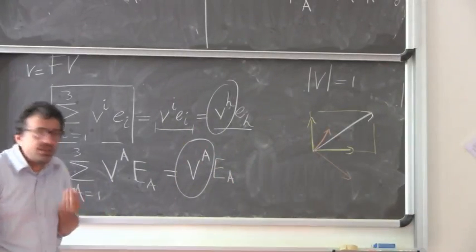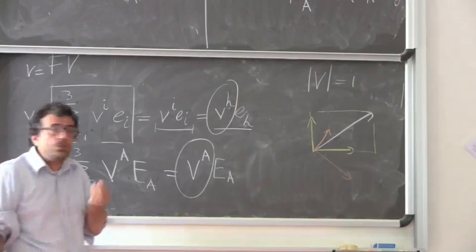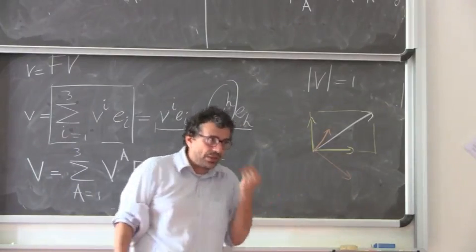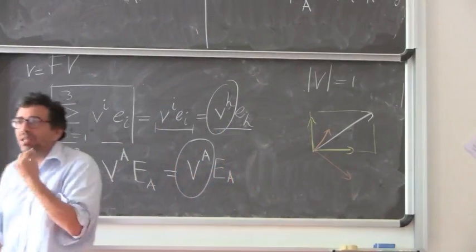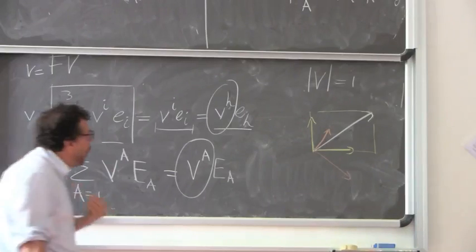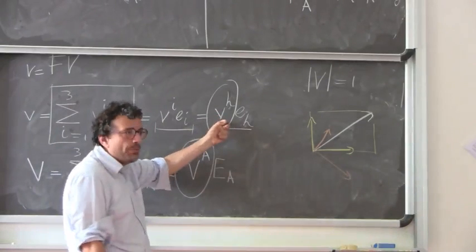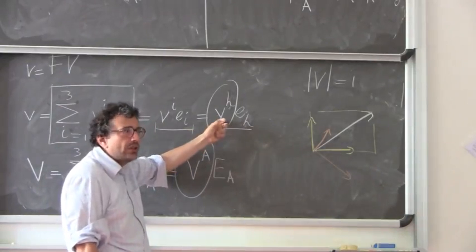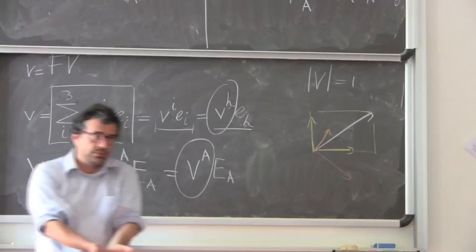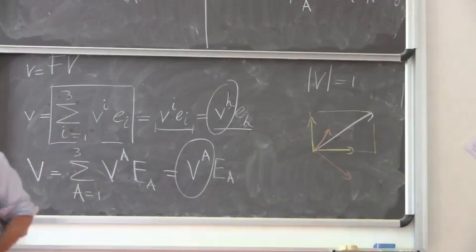You must know the basis also. So you must know the basis and the components in order to specify a vector. If I give you 3 components, in order to construct the vector, I must give you the basis. Okay? This is crucial.